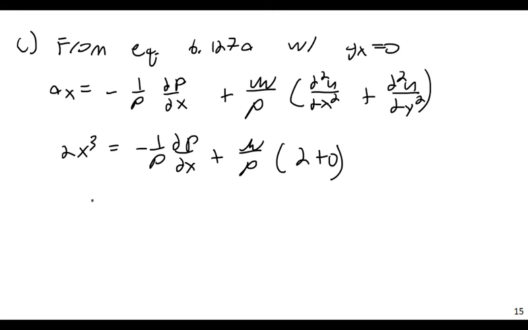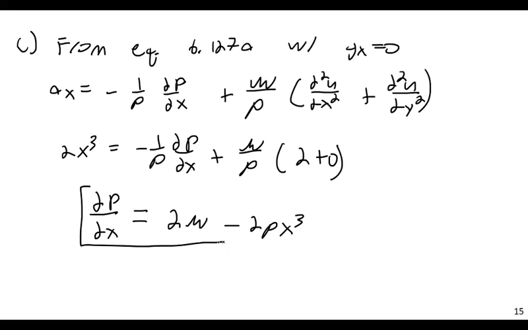And so finally I can get that the partial of p with respect to x is going to be equal to 2 mu minus 2 rho x to the third, as such. And that is our final item on the Navier-Stokes equation.